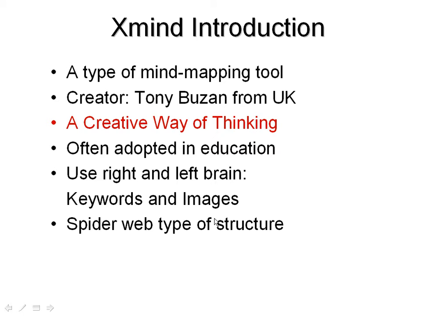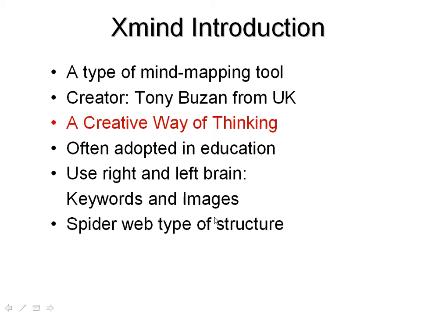Right now, let me introduce you to Xmind first. It's a type of mind mapping tool, and its creator is Tony Buzan from the United Kingdom. It's a creative way of thinking. That's what it's famous for, and it is often adopted in the field of education.